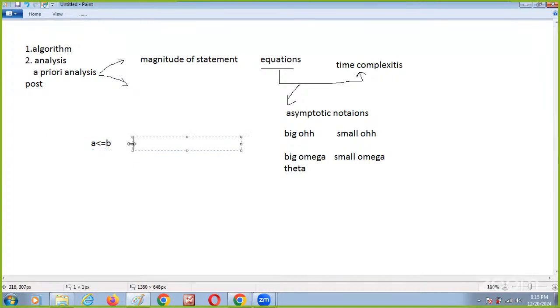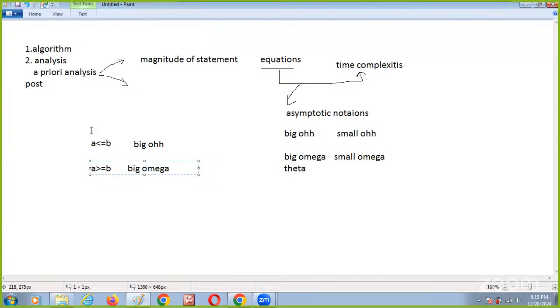So quickly recapping: this is big O, and A is greater than or equal to B, with some constant C also there. That is called the big omega notation.